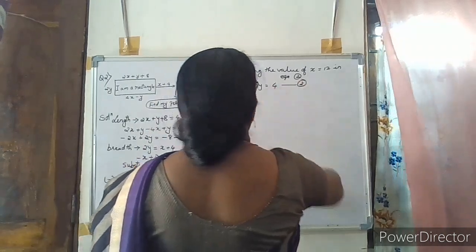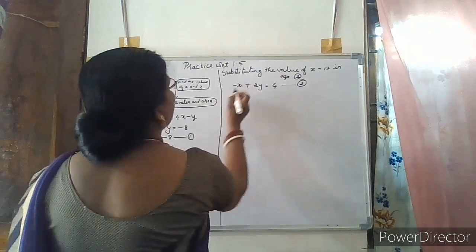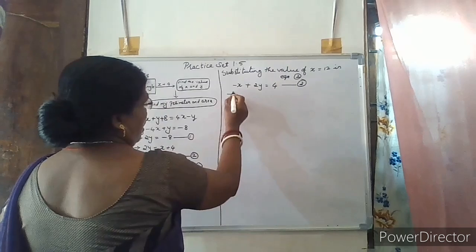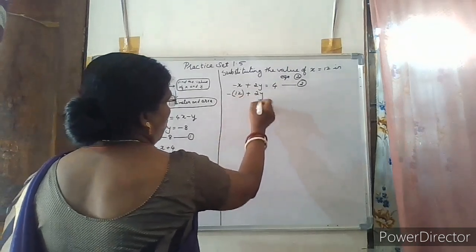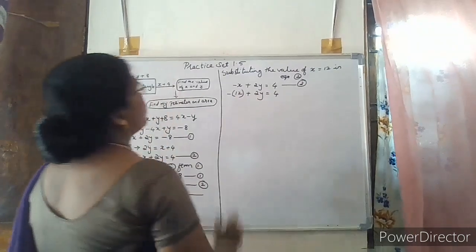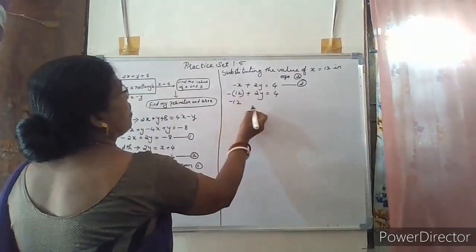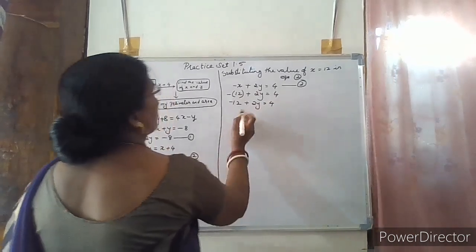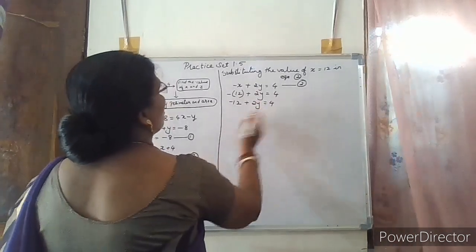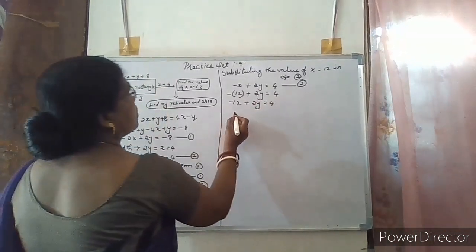Equation 2 I have taken. Minus, in the bracket, 12, plus 2y is equal to 4. So it is minus 12 plus 2y equal to 4. Now minus 12 I will transfer to that side.